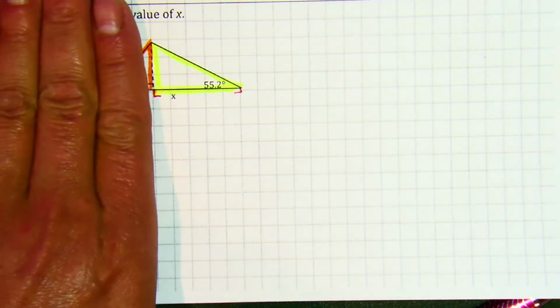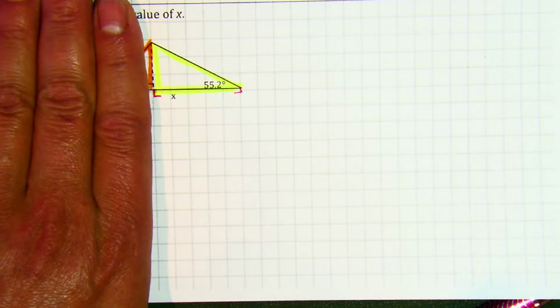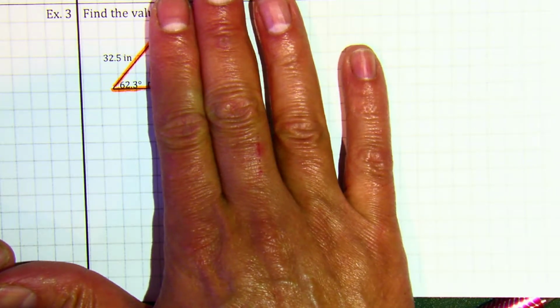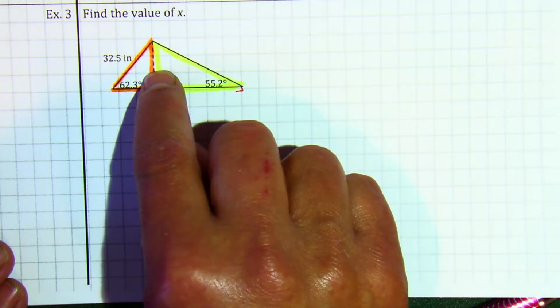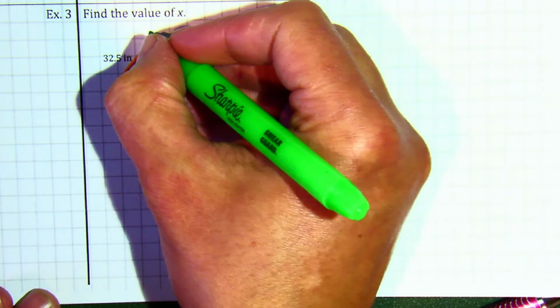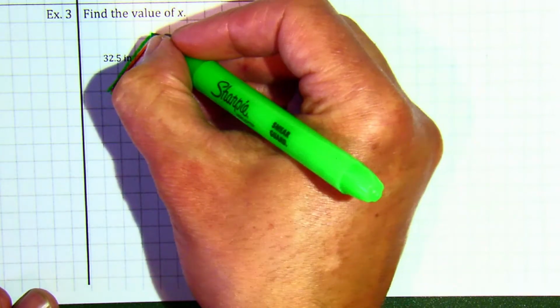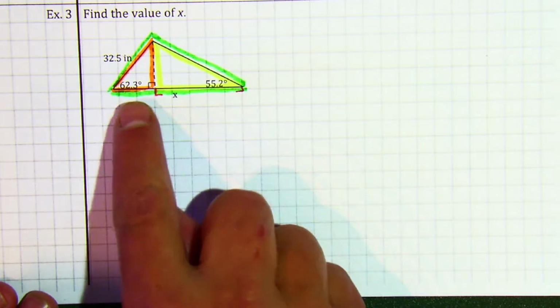So I notice for the yellow triangle, which is the part of the x, that we do not know any measurements there. If we use this triangle on the left, we can find either the base or the height, or we can use the larger triangle and we can either find that side or this side.